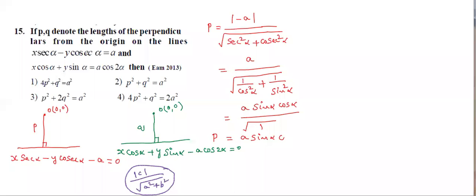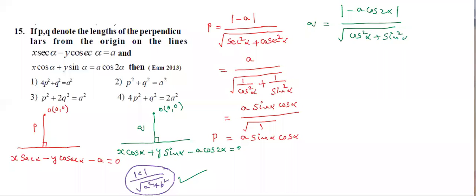This is related to the first diagram. Now go to the second diagram. q is equal to the perpendicular distance from the origin to the line. I already wrote the formula here. Modulus minus a cos 2 alpha divided by under root a square plus b square, that is cos square alpha plus sin square alpha.